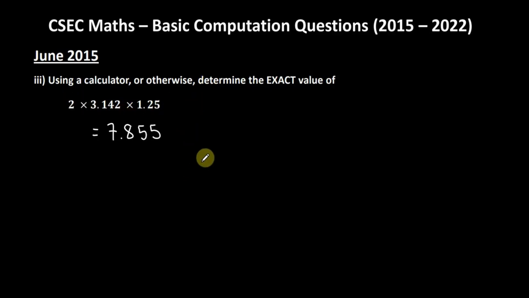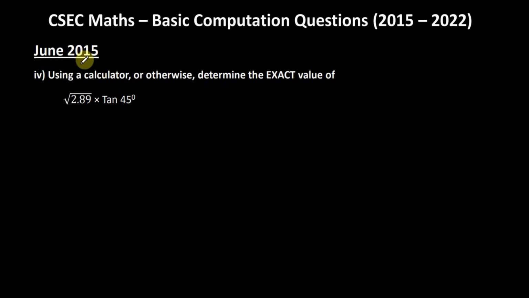So moving on to our next question, and again we're still at the June 2015 paper, and again we can use our calculator of course, and here we're required to find the exact value of the square root of 2.89 times the tangent of 45 degrees, right?